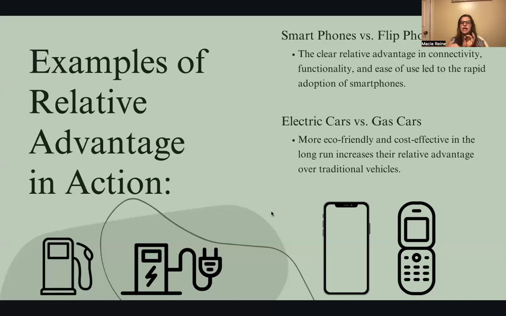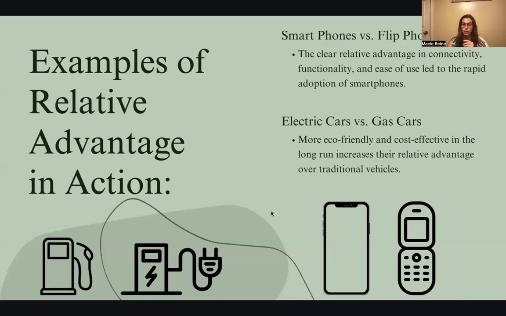Next, I have electric cars versus gas cars. Electric cars have a relative advantage over gas cars because they're more environmentally friendly and cost effective in the long run, which increases their relative advantage over traditional vehicles.